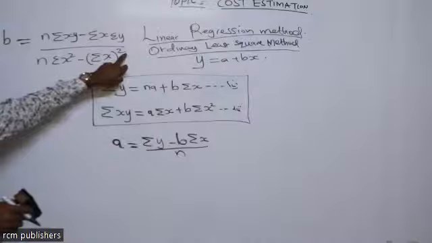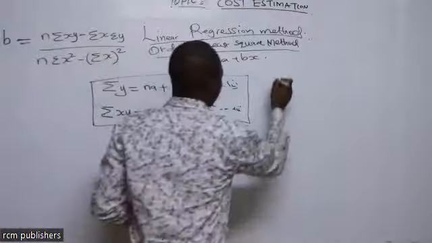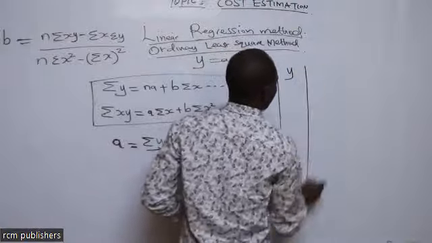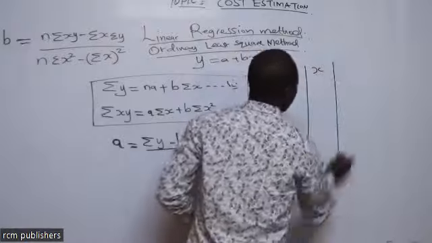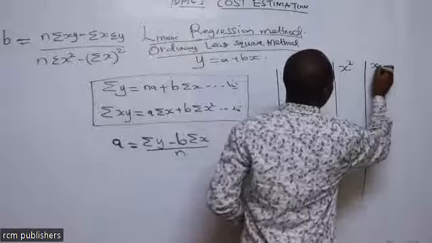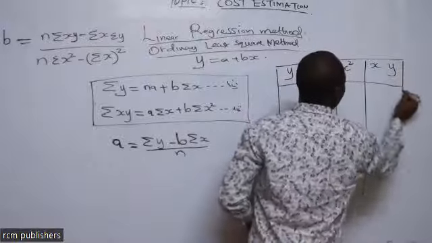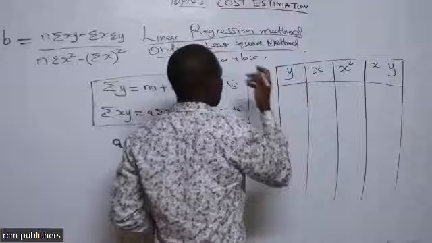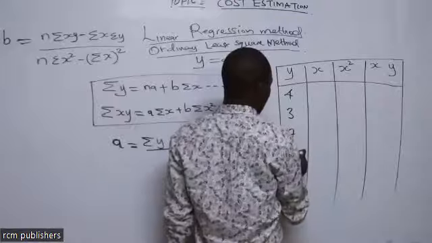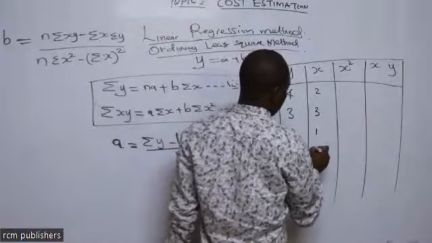Are we together? This X squared is the items in column X. We are going to have our values here. Let's say 4, 3, 7, 9, 2, 3, 1, 5.